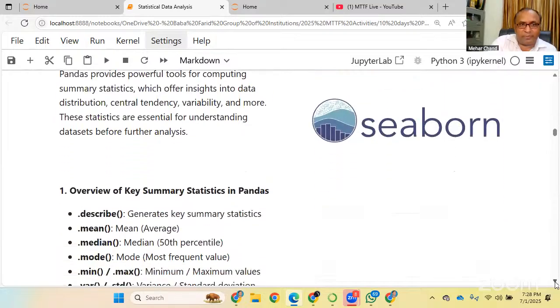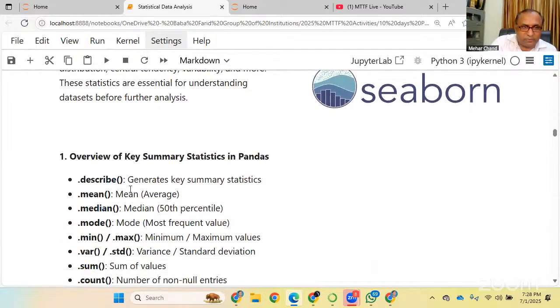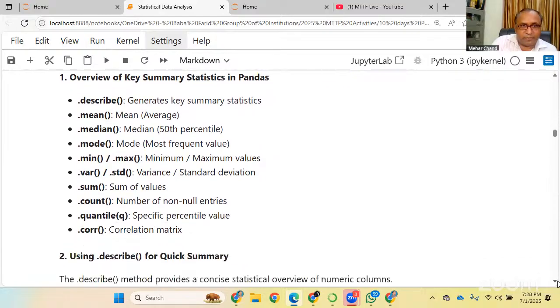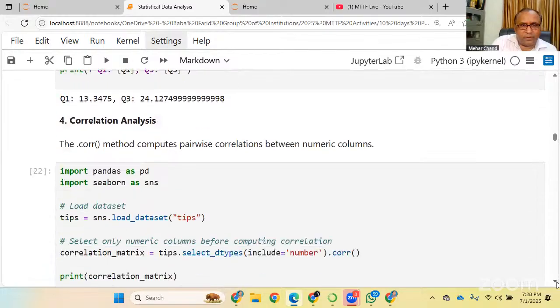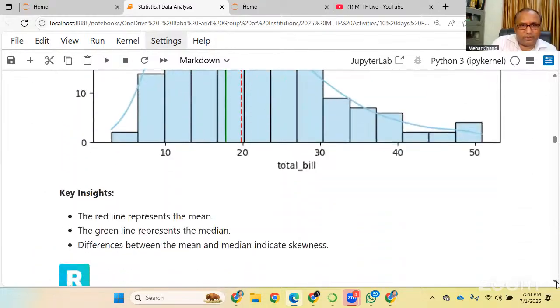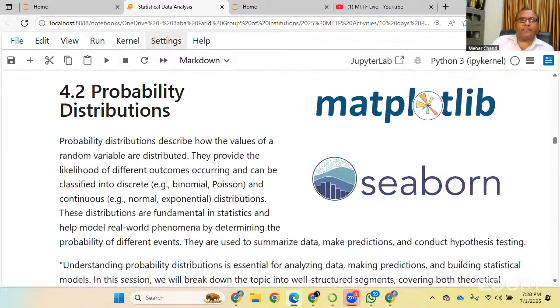This is the summary. You can use all these formulas for summary statistics in pandas. Then correlation. Yes, this is section 4.2.